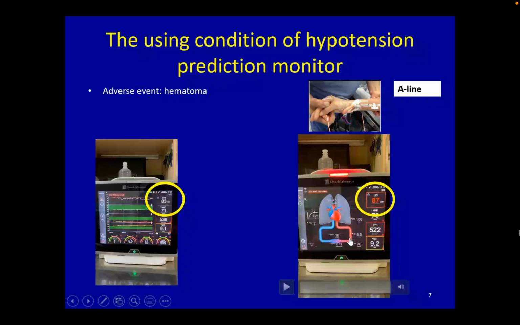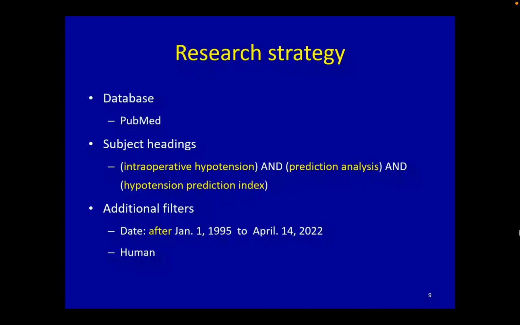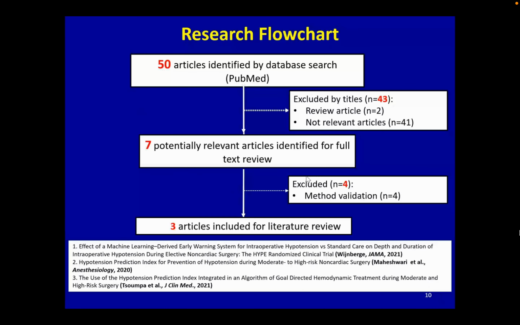This here is our research strategy. This is the flow chart for literature review. 3 randomized trials were found. We presented them as follows. There are 34 patients in the HPI group and 34 patients in the standard of care group.